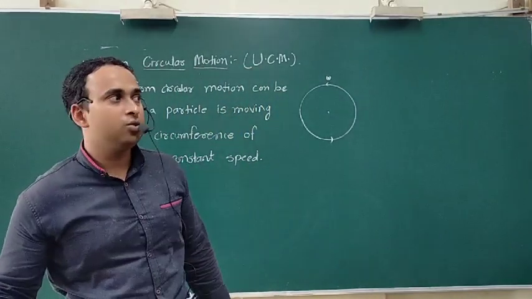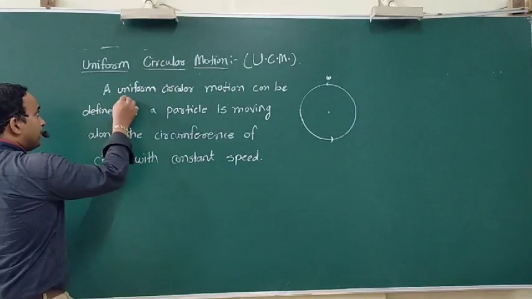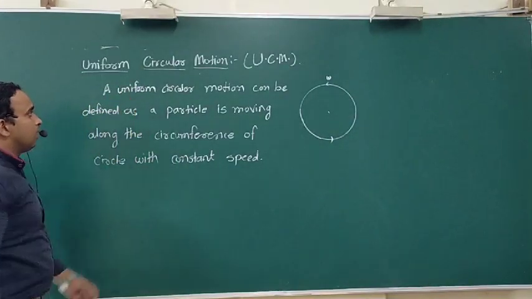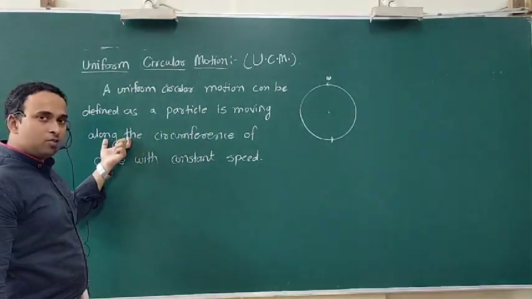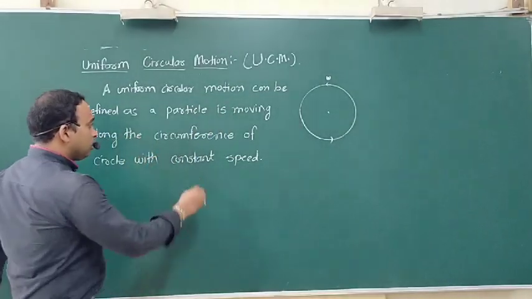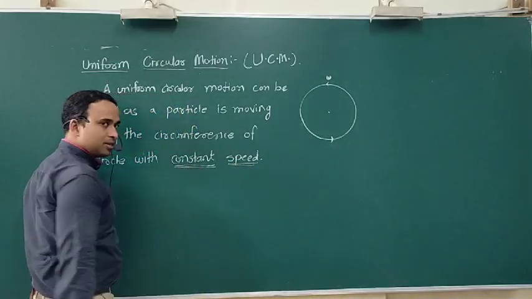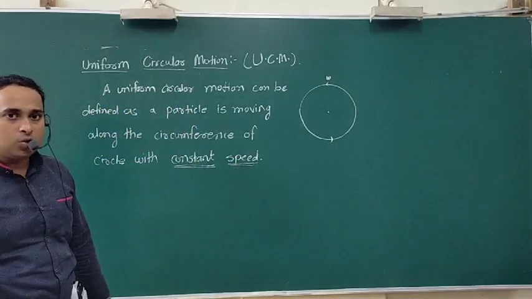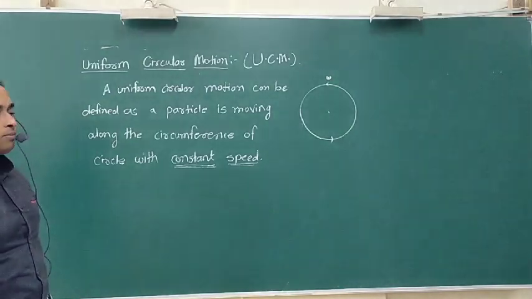Such motion is known as circular motion. So uniform circular motion means a particle is moving along the circumference of a circle with constant speed. Such motion is known as uniform circular motion.